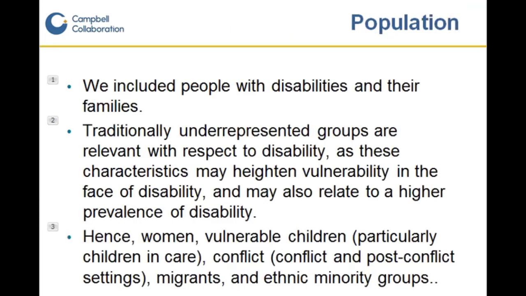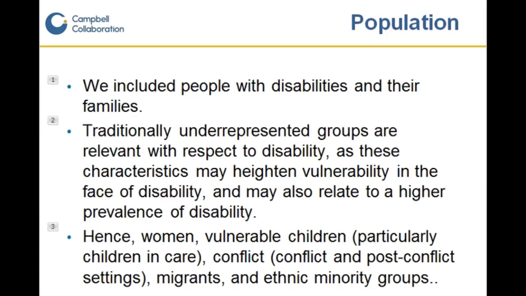Now, since our interventions and outcomes were decided for our PICOs, the main thing was talking about the population. So, of course, our EGM included people with disabilities, but we also included their families. Any study that talked about the welfare of people with disabilities and their families, we included.